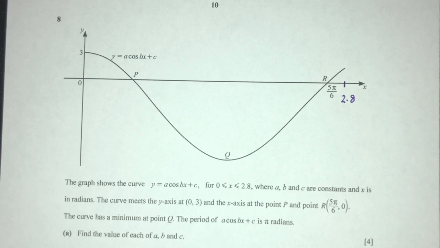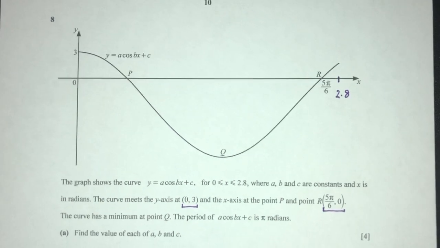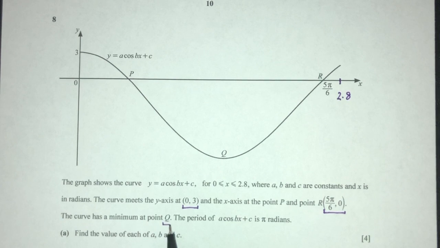Now, the curve meets the y-axis at this point. This is a passing point that we can use, and the x-axis at this point. So we can use these 2 points as well to help us find this. The curve has a minimum at Q. Now the period of the curve is pi radians. So we have to use these values to find the value of a, b, and c.